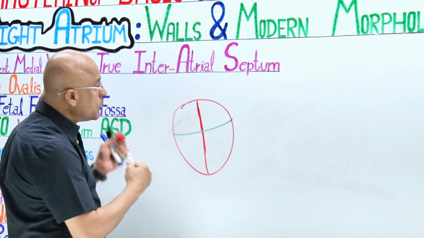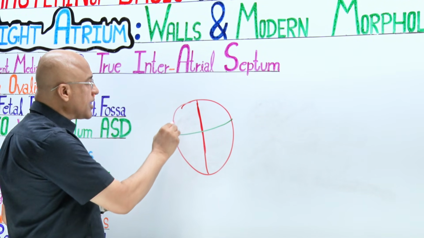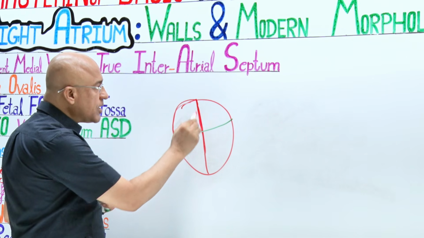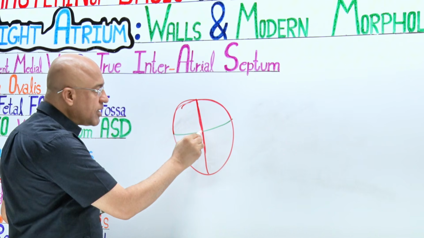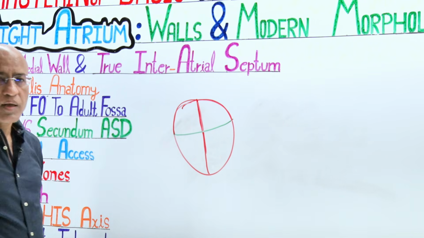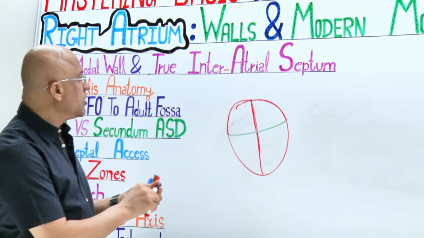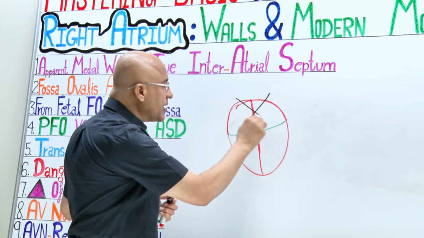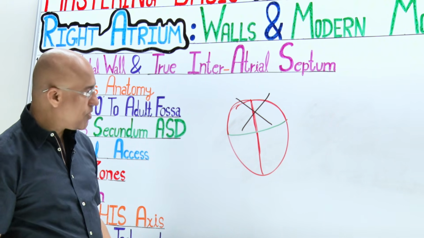Previously we used to say that here is the right atrium and here is the left atrium, and this plain wall is basically the interatrial septum. This concept is now not considered right. Why? Let me explain.